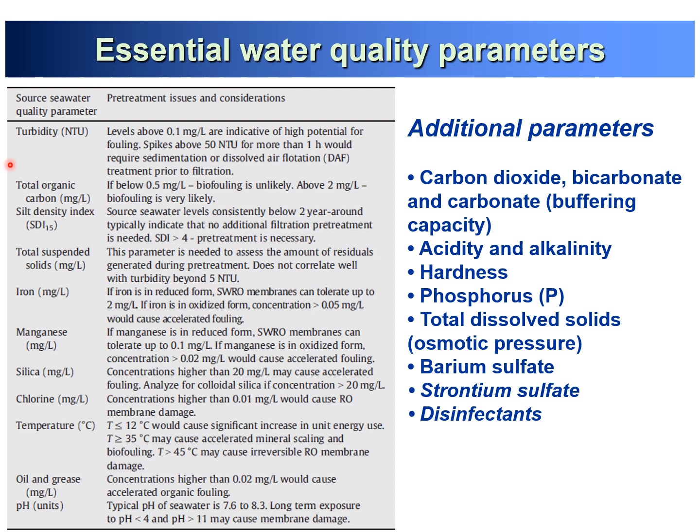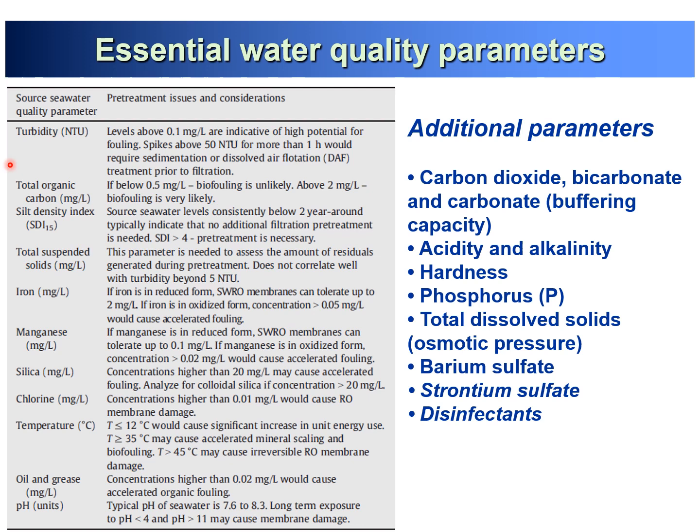So if you think about the summertime and wintertime, microbial activity is more active during summertime, and we have more organic compounds. So if below 0.5 mg per liter, biofouling is unlikely. Above 2 mg per liter, biofouling is very likely. So during the summertime, with more organic concentration, the biofouling effect will be much higher than in wintertime.